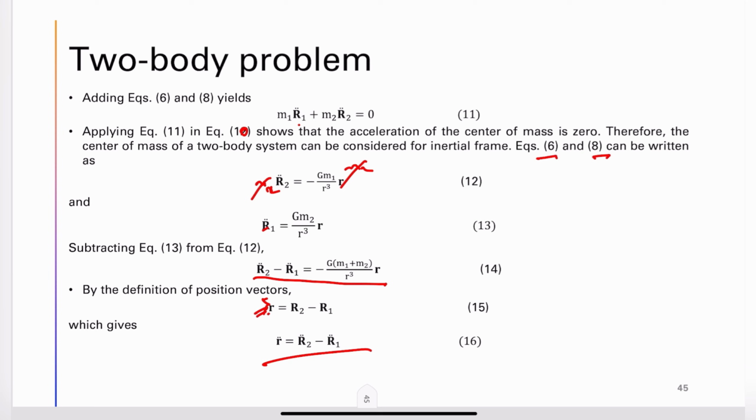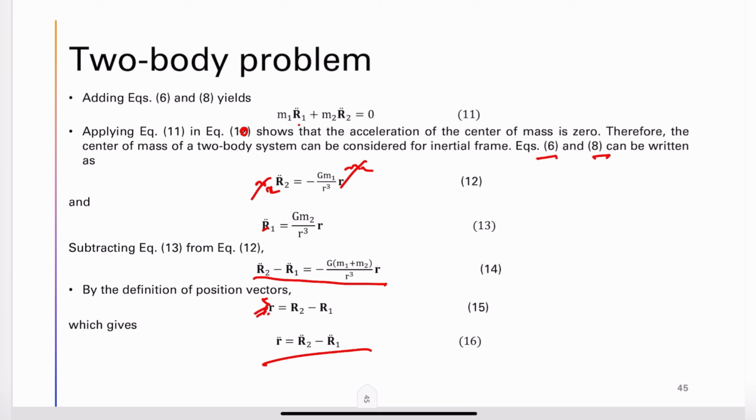So I have r2 double dot, that is the acceleration of mass 2, is equal to minus G m1 by r cube into r. Similarly, for mass 1, we can write the acceleration of mass 1 is equal to G m2 divided by r cube into r.